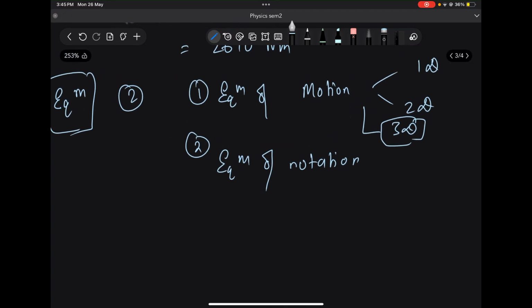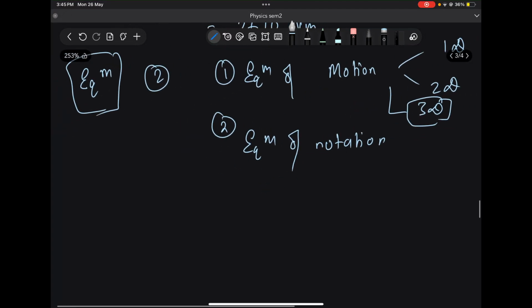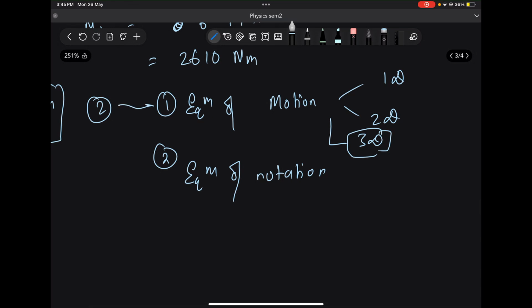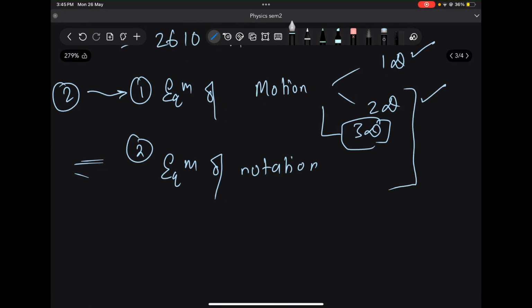In general, you might be given questions to solve either this, or this, and you might also be given a combination of both, and we will see how that is applied.